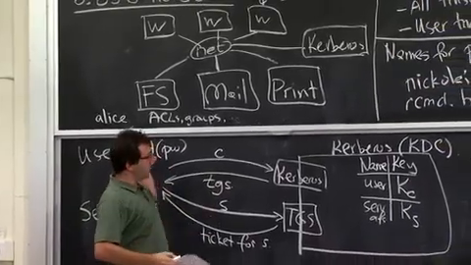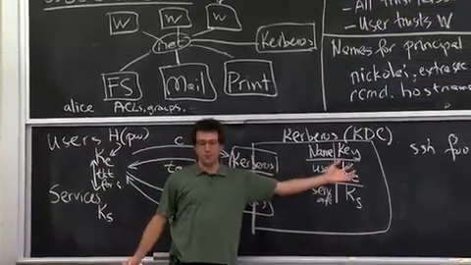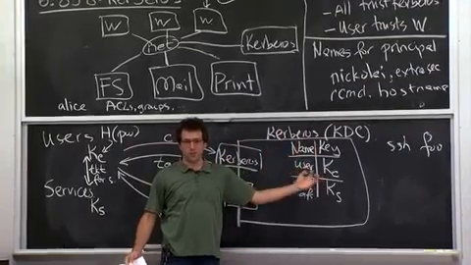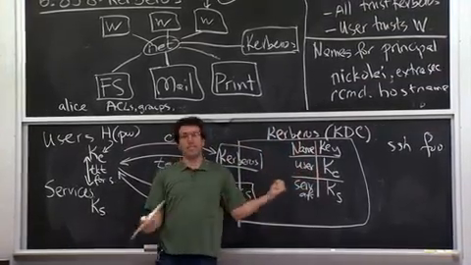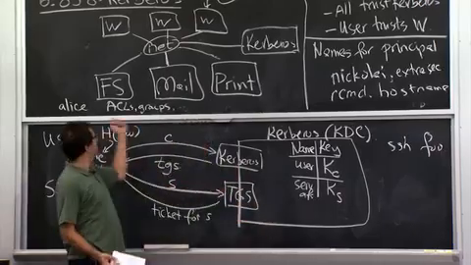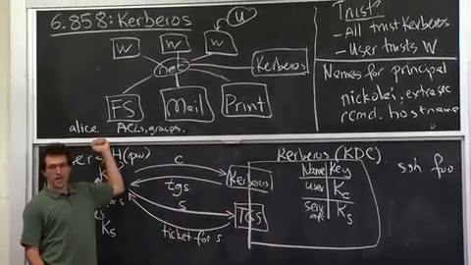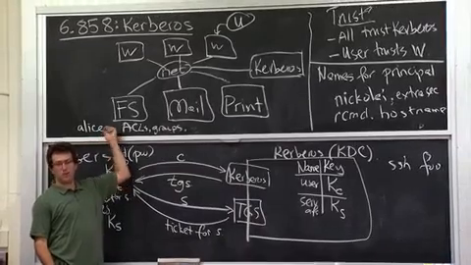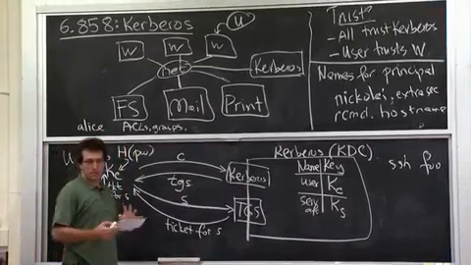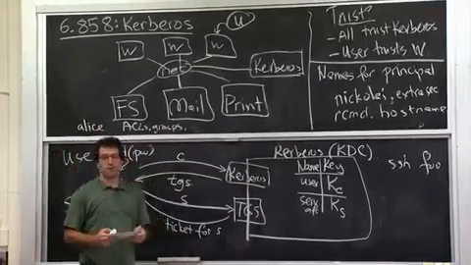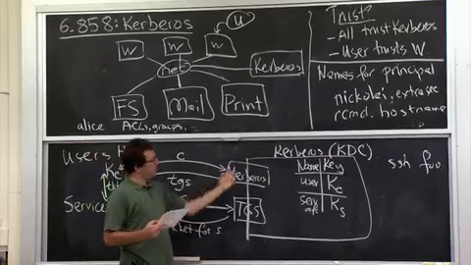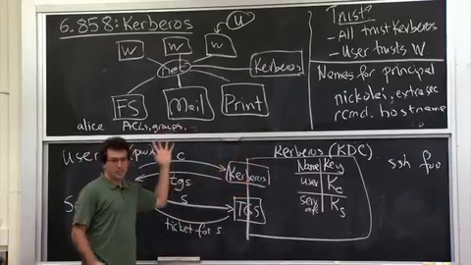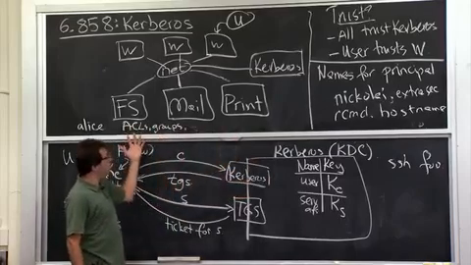And if this Alice graduates and her entry gets removed, then some new Alice comes along, registers in the Kerberos database, and she gets a principal that looks identical to the old Alice. It's the same string. So all of a sudden, the file server will give the new Alice access to all the old Alice's data. So this is a bit of a complicated process for reclaiming principal names in Kerberos, because there's no real connection or versioning between these. As a result, it's actually kind of hard to reuse principal names.